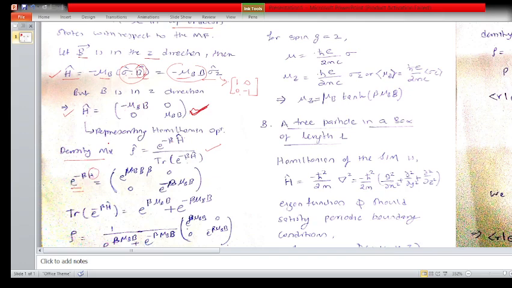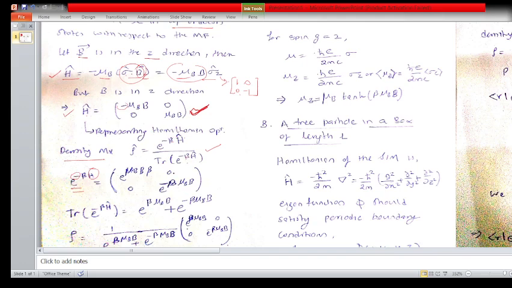Here we have a minus, so the first term becomes e raised to plus beta mu b B, and the last term, the fourth term, becomes e raised to minus beta mu b B, because we don't have any minus sign there, but here we have a minus sign. So if you multiply that, it becomes minus beta mu b B.